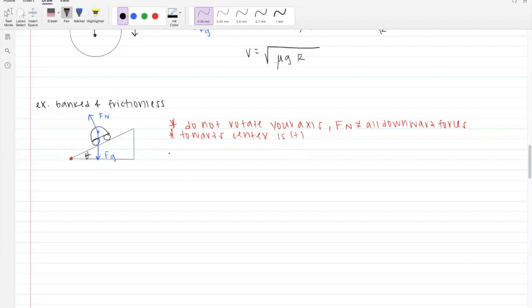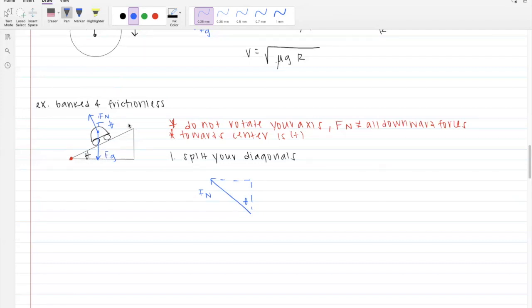So the first thing you do, as always, is split your diagonals. So we have our normal force. And the reason why I drew it in this manner is because the theta that I have here is going to equal the theta that I have from this ramp or this bank.